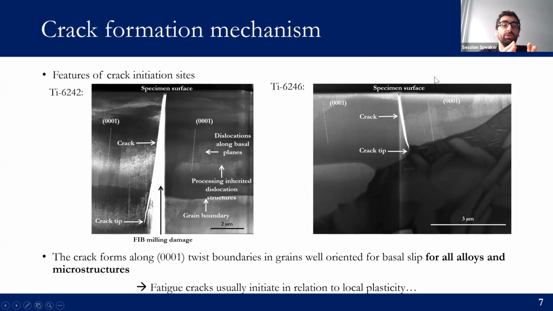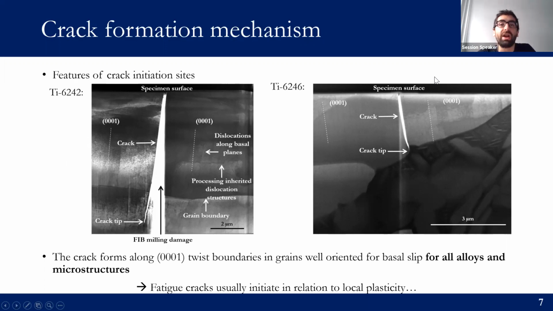And because of the 3D geometry of the crack, of the grain boundary, and the orientation relationships between both sides of the crack, it reveals that the crack actually formed along a 0001 twist boundary. And this was observed for all the alloys and the microstructures that we have considered in this study, suggesting a unique crack initiation mechanism.